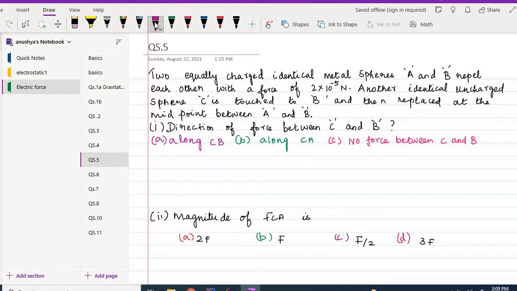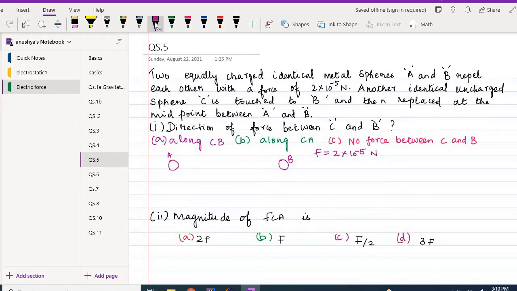Another identical uncharged sphere C is touched to B and then replaced at the midpoint between A and B. Let me consider two equal charges A and B. They repel each other with a force of 2 into 10 to the power of minus 5 Newton, which is the repulsive force between these two charges.